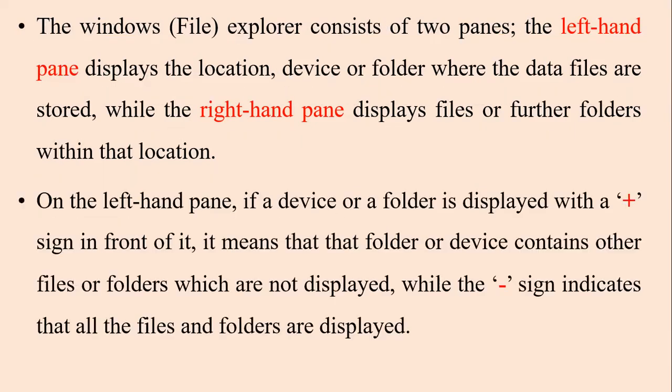On the left-hand pane, if a device or a folder is displayed with a plus sign in front of it, that means that the folder or device contains other files or folders which are not displayed, while the negative sign will indicate that all the files and the folders are already displayed.